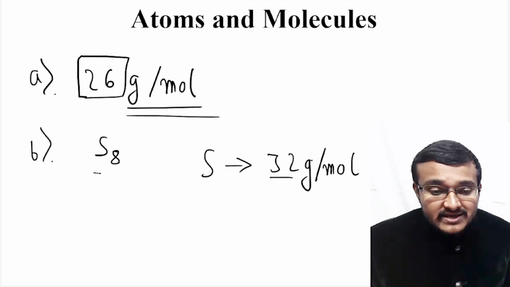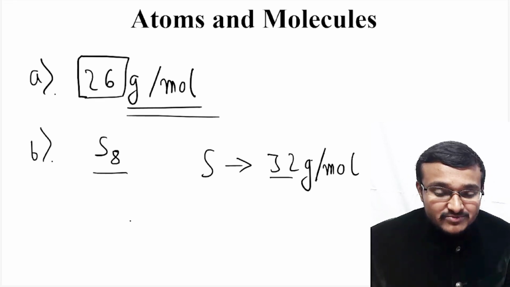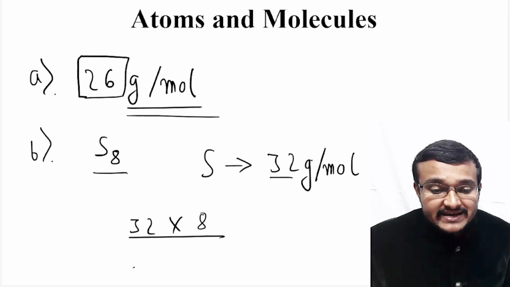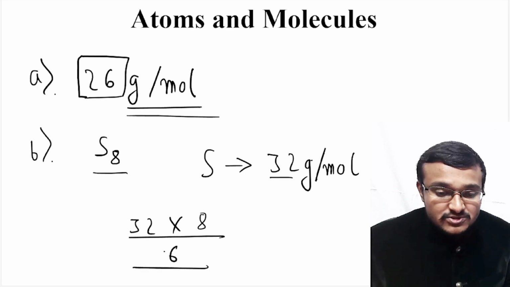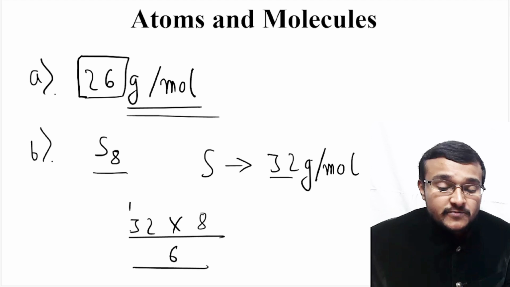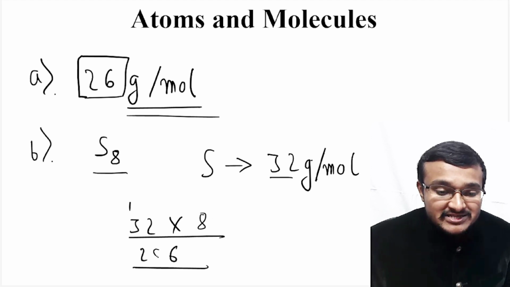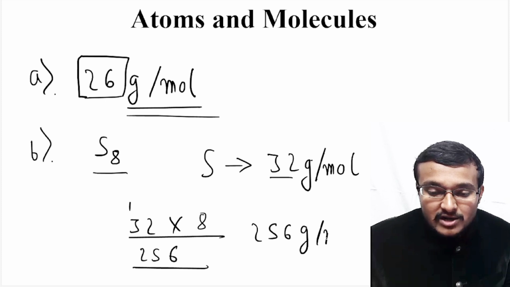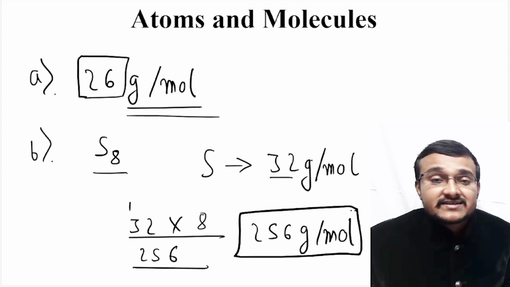Here 8 sulfur atoms are there, so you should multiply this 32 with 8. When you multiply 32 with 8, 8 2s are 16, so 1 carry, 8 3s are 24, so 24 plus 1 will be 25. So 256 gram per mole is the molar mass of this S8 molecule.